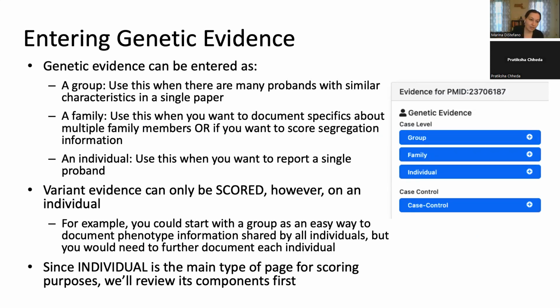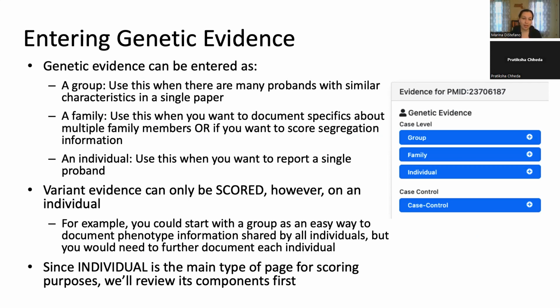So the highest level, and think about this as kind of like the largest group of individuals, because we have copy buttons for demographic information. So you can enter a group. And you might want to use this when there are many probands with similar characteristics in a single paper, because you only have to enter certain pieces of information once.